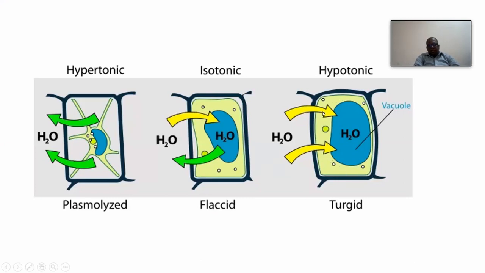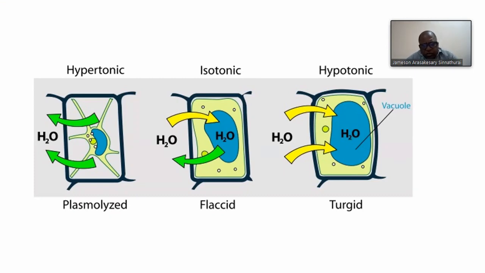Okay, the cell becomes turgid. So these are very important terminologies. Hypertonic, plasmolysed. Isotonic, flaccid. Hypotonic, turgid. Okay, understand this picture? Have you understood this picture? Yes, so six terminologies I used.